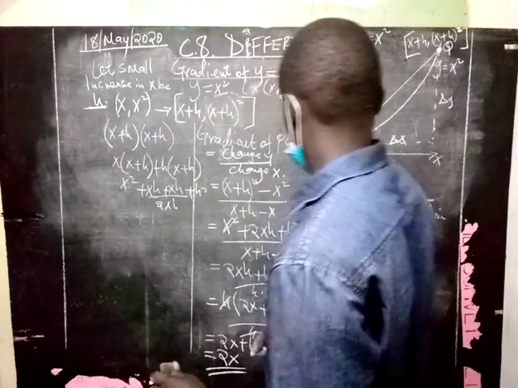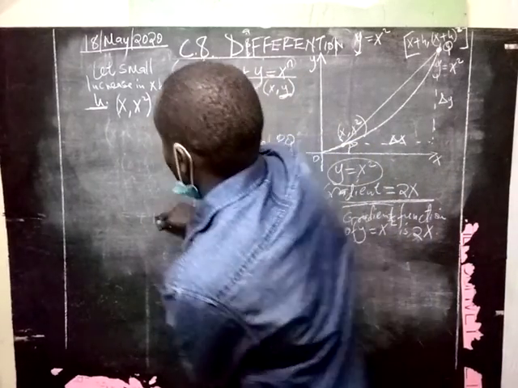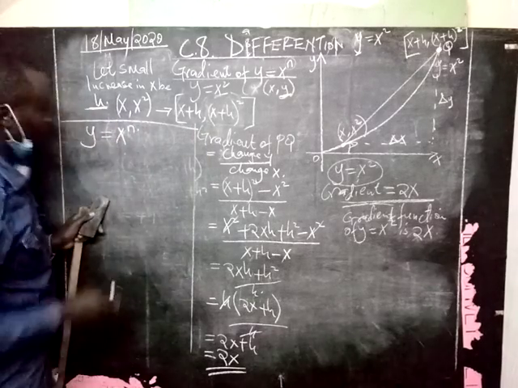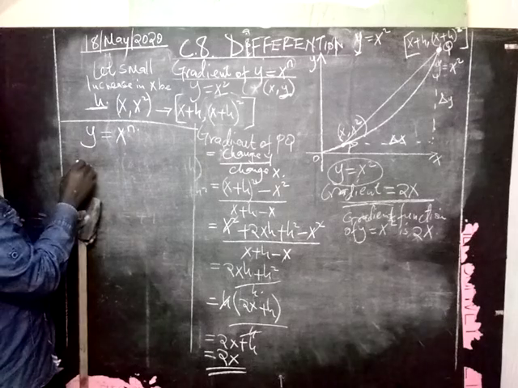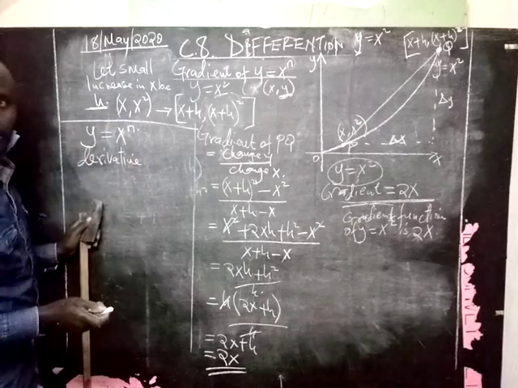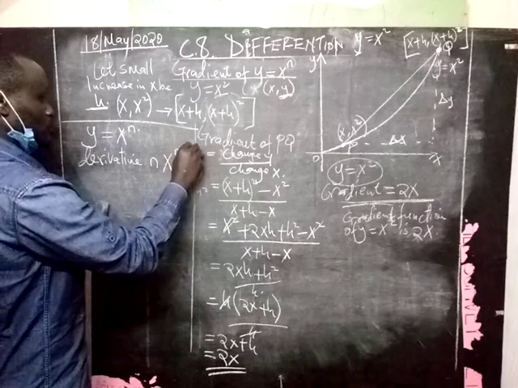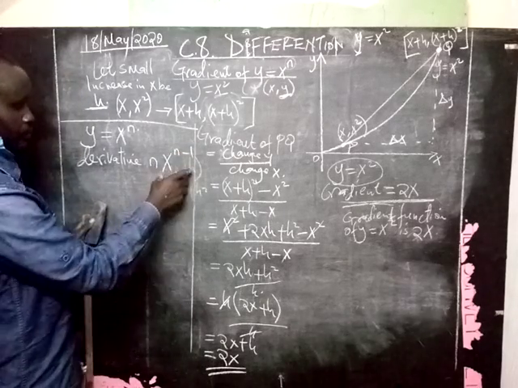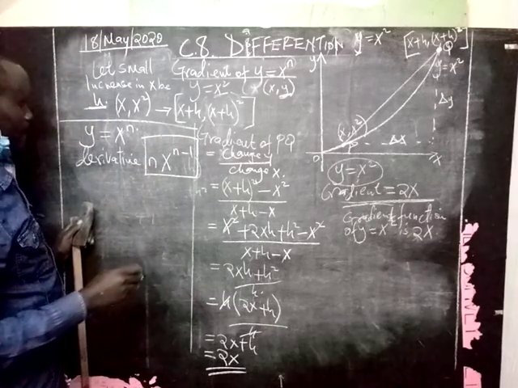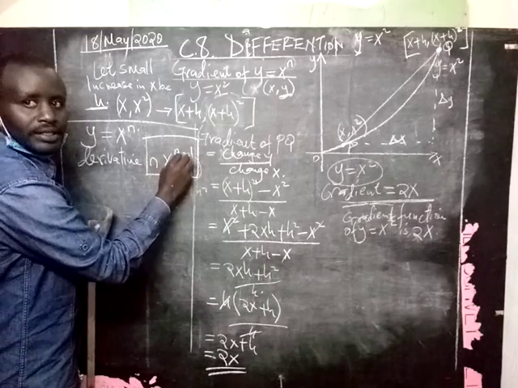And in general, I want you to have this. When we have y equals x raised to n, the derivative of this equation is going to be n x raised to n minus 1. I want you to see this clearly. As you can see, this power n is being brought here, then you lessen this power by 1.